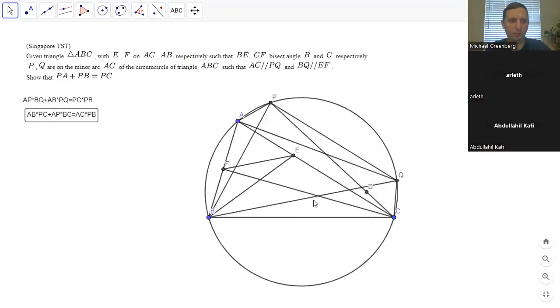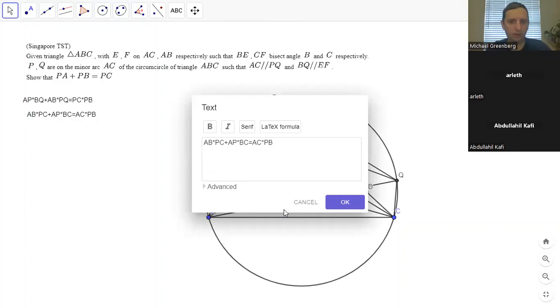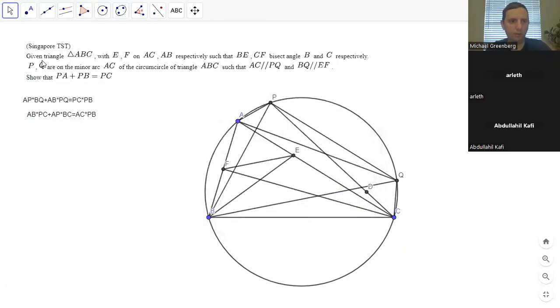So can we somehow combine these two to get this equation? Maybe we could multiply this by PB and then, actually I don't know about that.